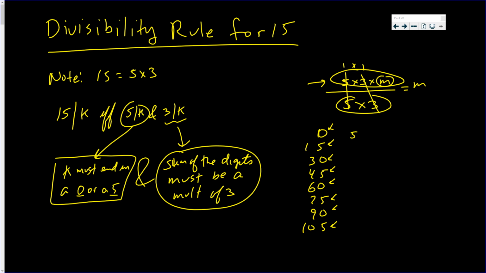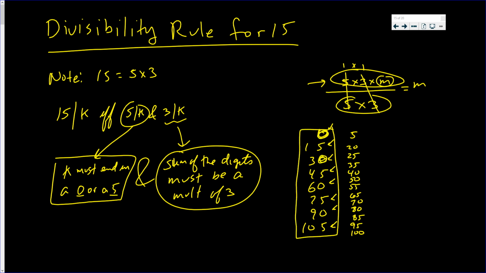It doesn't have 5, 20, 25, 35, 40, 50, 55, 65, 70, 80, 85, 95, or 100. But nonetheless, it only has numbers that end in either a 0 or a 5.